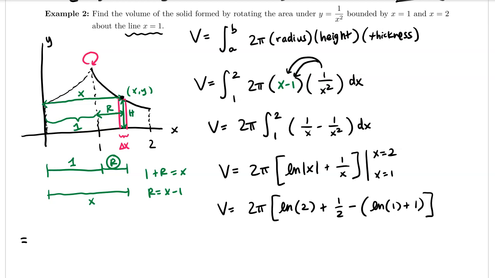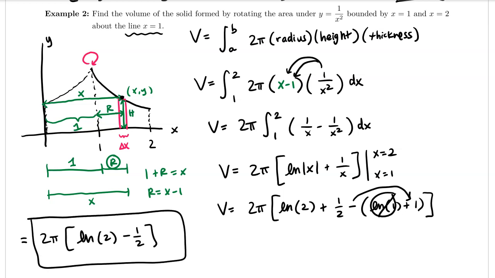And we know that the natural log of 1 is 0. So then we get 2 pi times the natural log of 2. And then if I distribute this minus sign in here, I'd get 1/2 minus 1. So it looks like that's going to be minus 1/2. And here is our final answer for our volume.